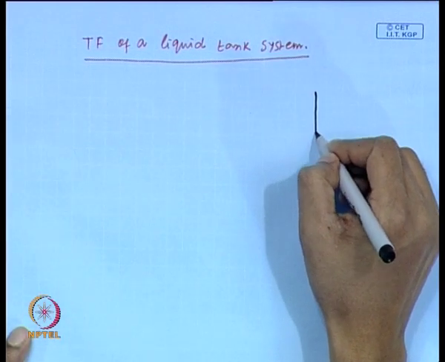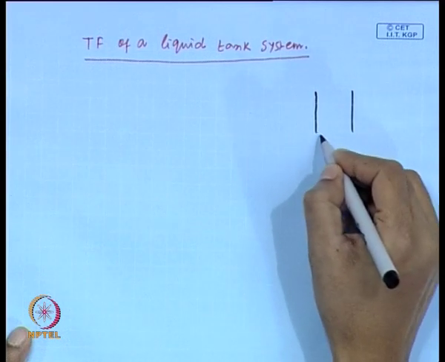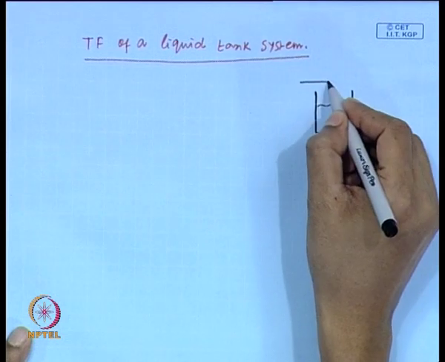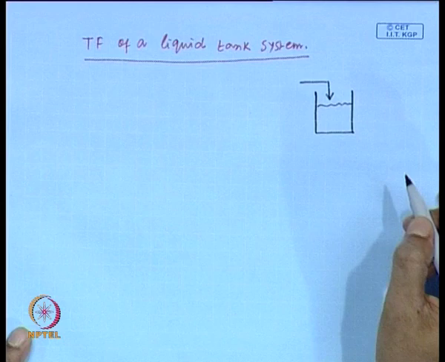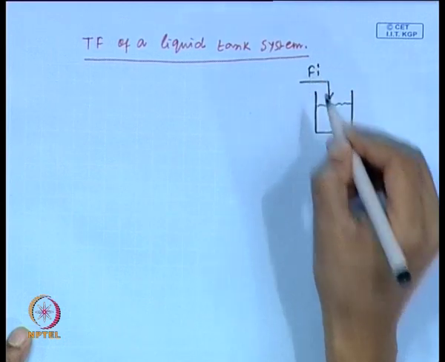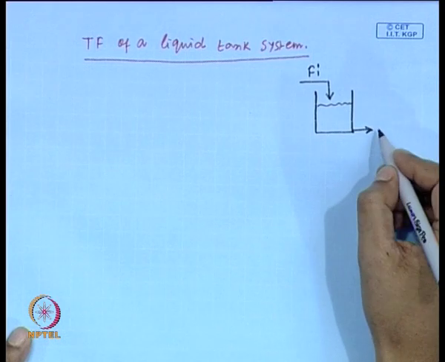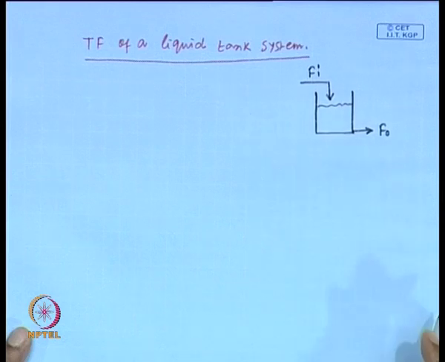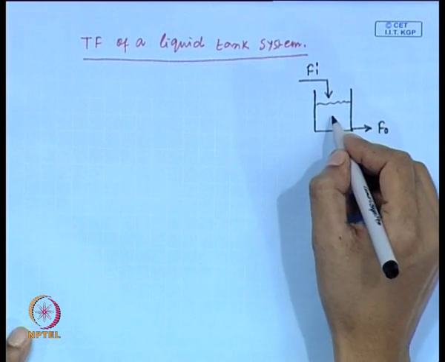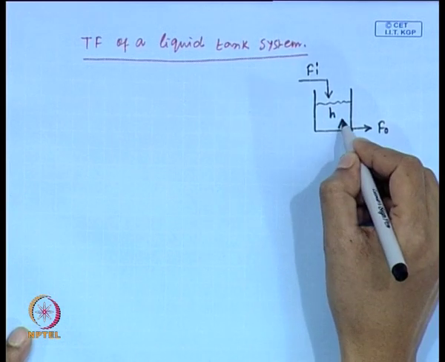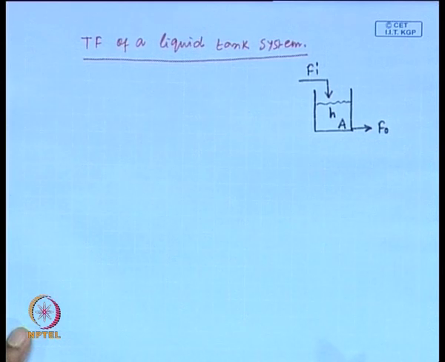So, this is the schematic of a liquid tank system. A liquid is entering at a flow rate of F I, and the output is coming out at a flow rate of F naught. The liquid height is H, cross sectional area of the tank is suppose A. Fine, this is a schematic of a liquid tank system.